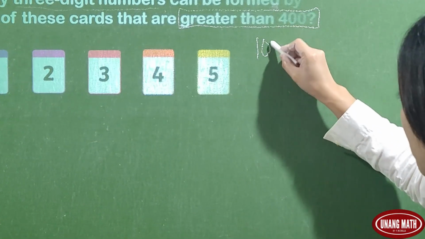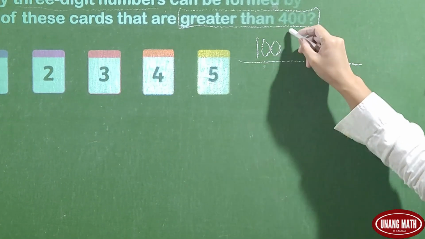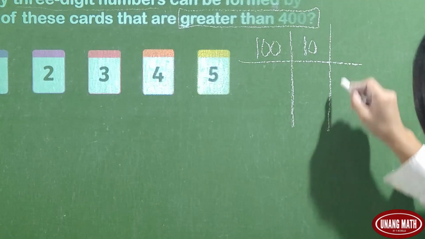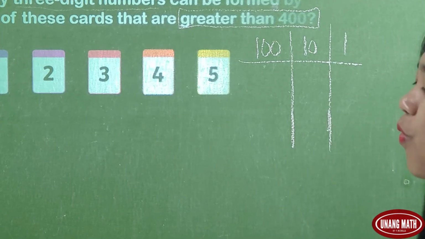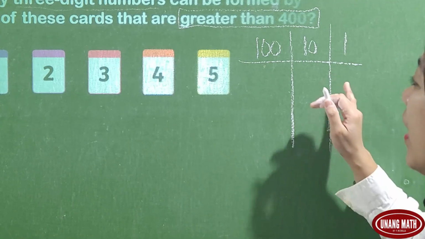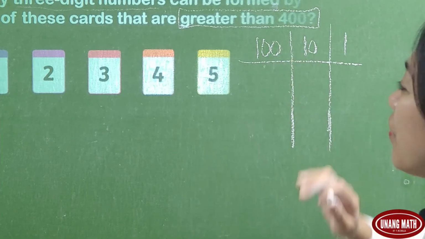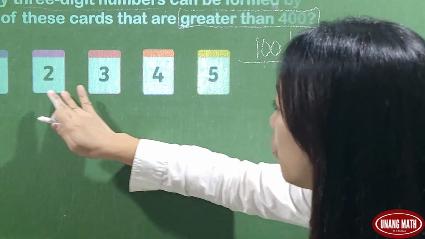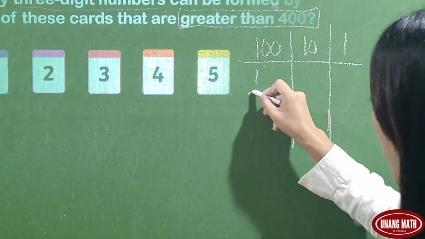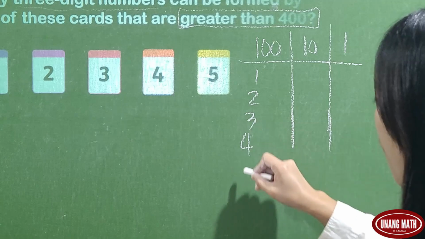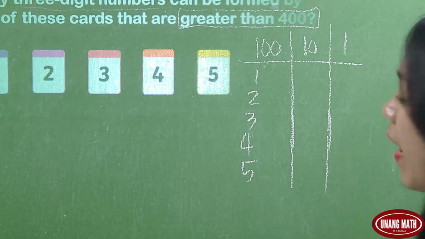So 3-digit numbers, meaning we have numbers in the hundreds place, tens place, and ones place. What are the numbers that we can write in the hundreds place? 1, 2, 3, 4, 5. So let's write here 1, 2, 3, 4, and 5.